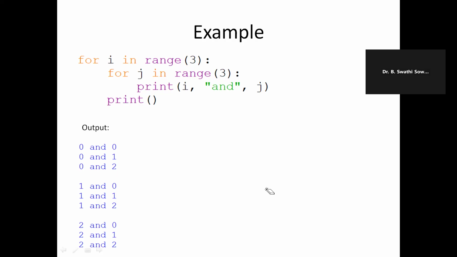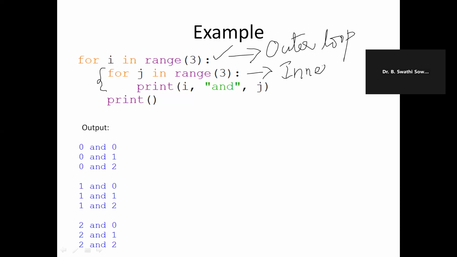So what happens here is, in the general format, one for loop will be here. This is called the outer loop. And internally, after the colon, you will have a separate block. This block is the inner loop block.